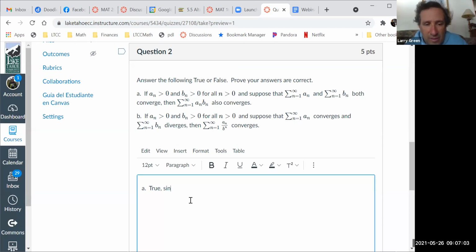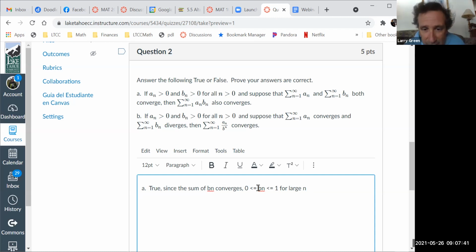So since the sum of BN converges, then BN must be greater than 0, and it must be less than 1 for large n.